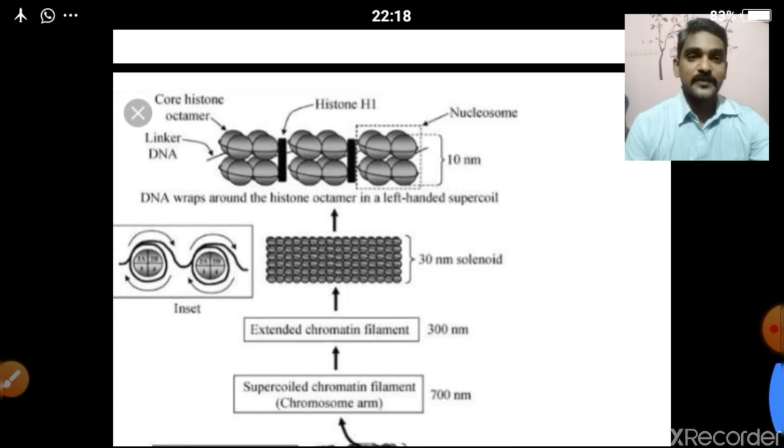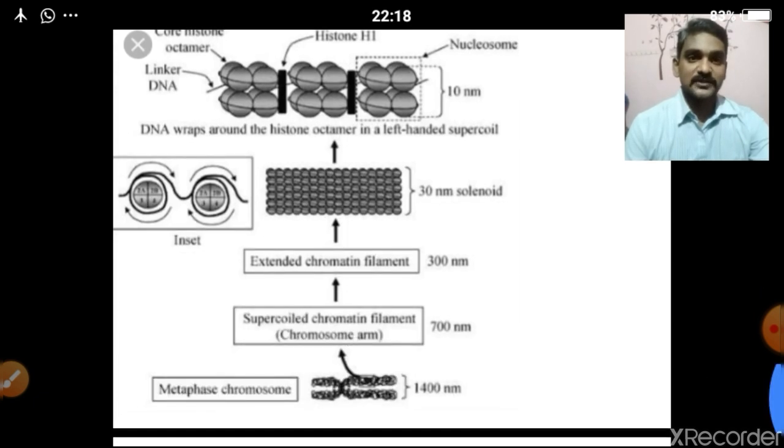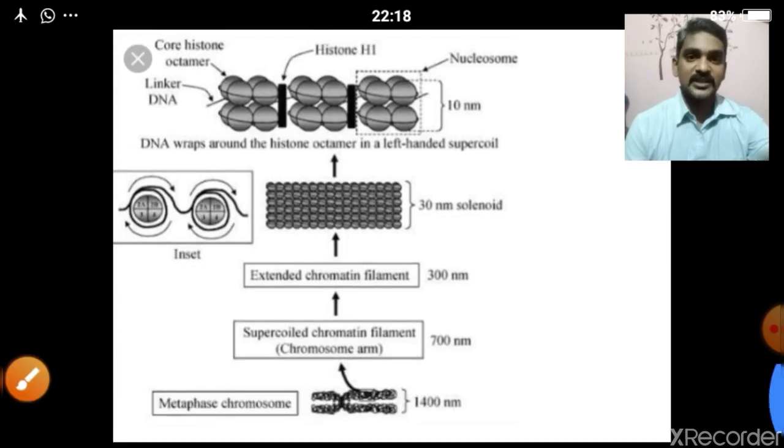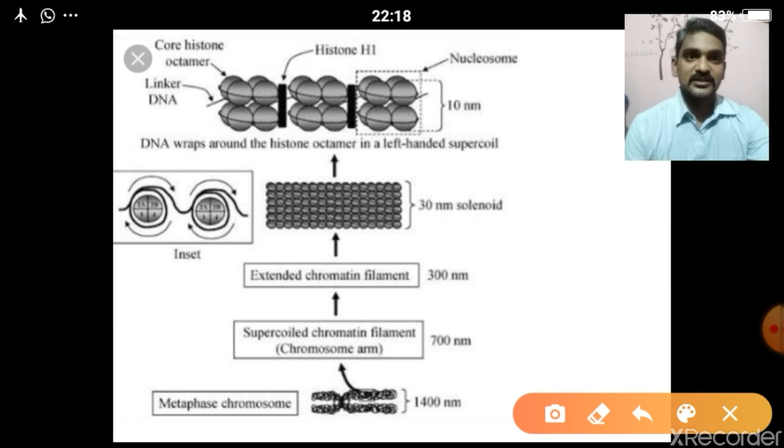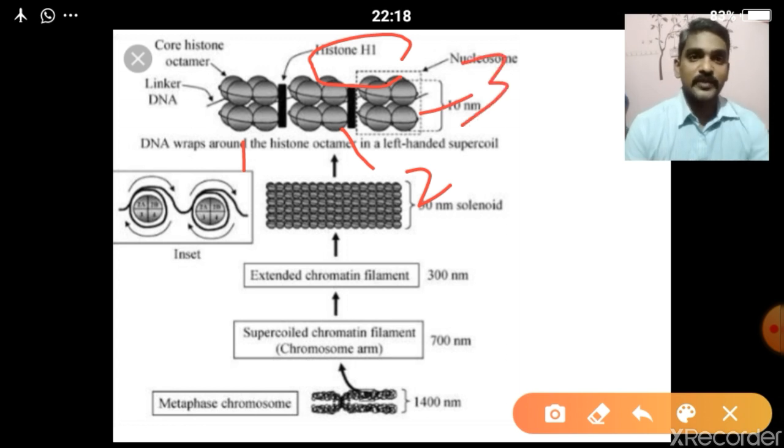You can see here the histone proteins. This is histone 1, so it links the nucleosomes. Nucleosomes 1, 2 and 3 are there. This is nucleosome 1, this is nucleosome 2 and this is nucleosome 3. So in between they are linked. This linking is the H1 histone protein.